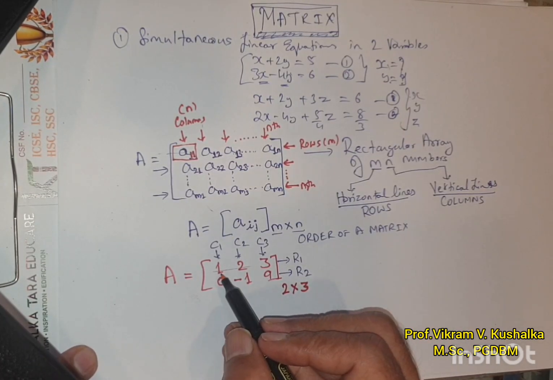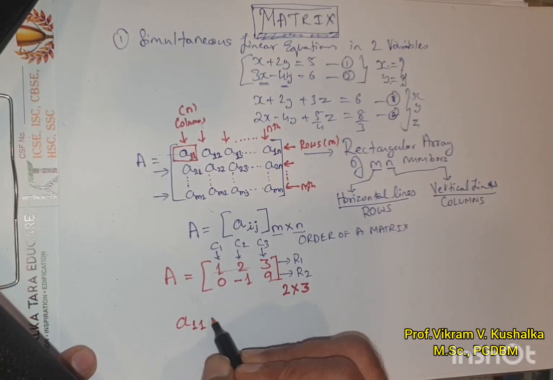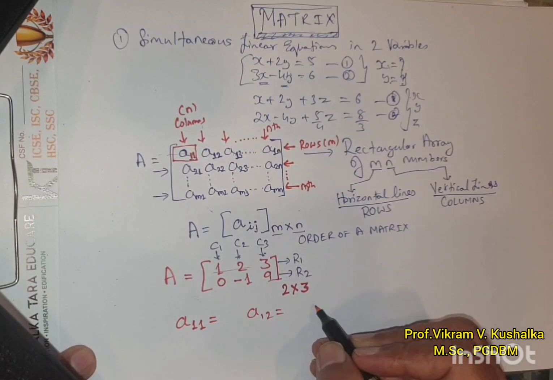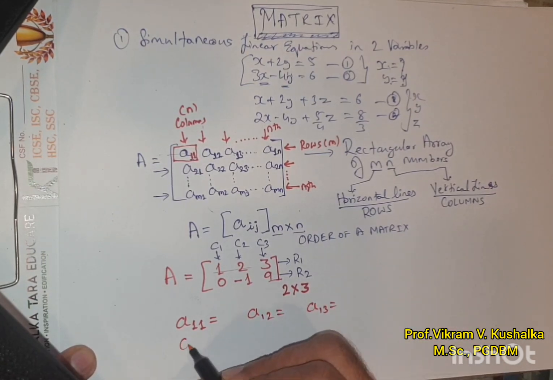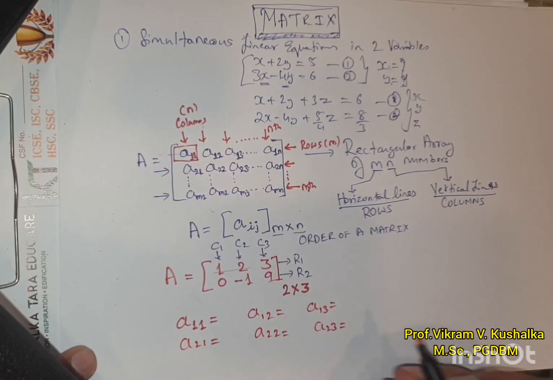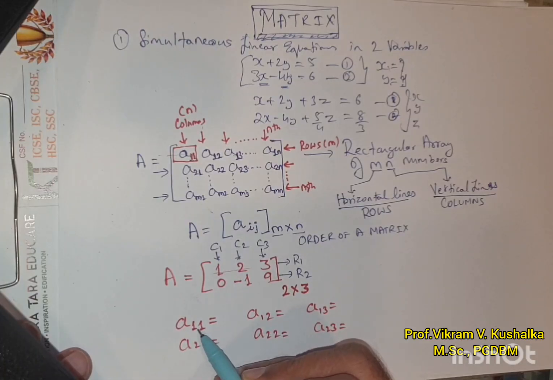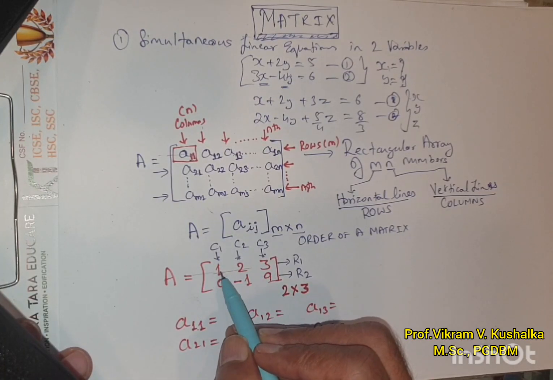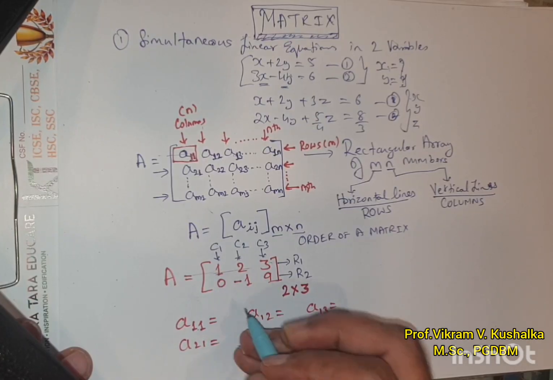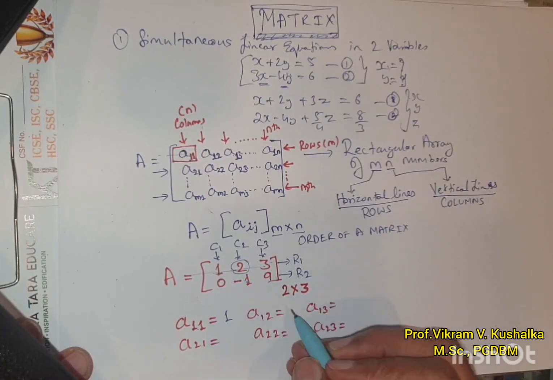Now if I want to write down each individual term, then I can ask you, what is A11, what is A12, what is A13, what is A21, A22, and A23. Here you can very easily understand by now that A11 means the first row and the first column. First row, first column, what's the element? That is 1. A12 means first row, second column. Which is that element? That is number 2.